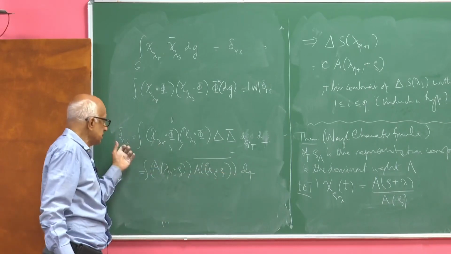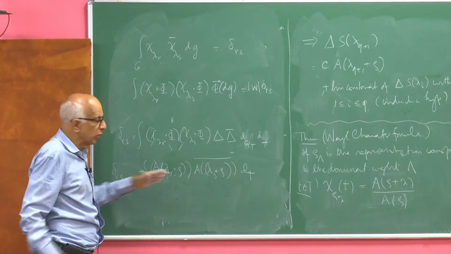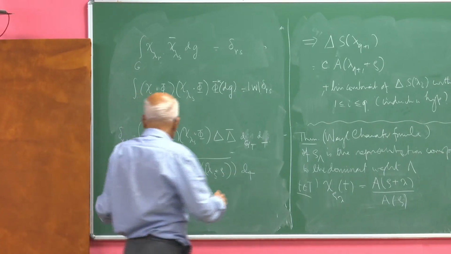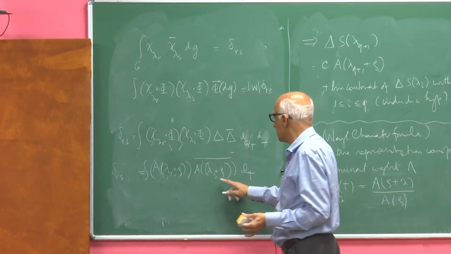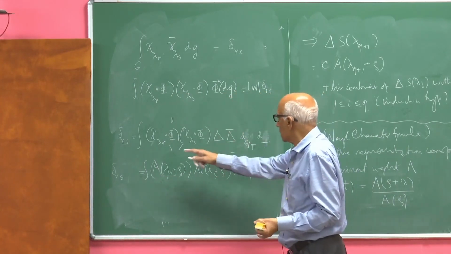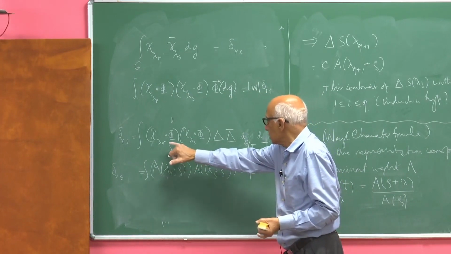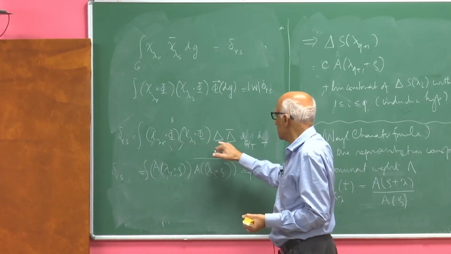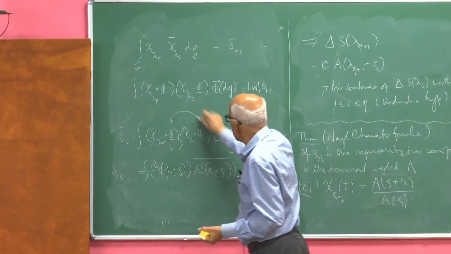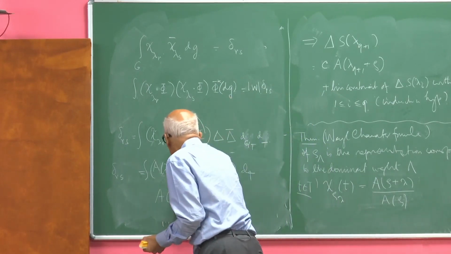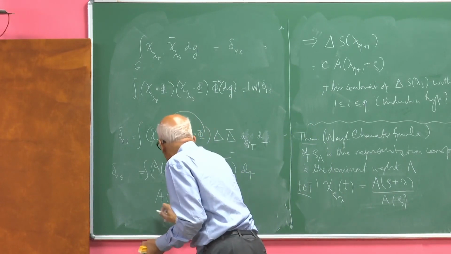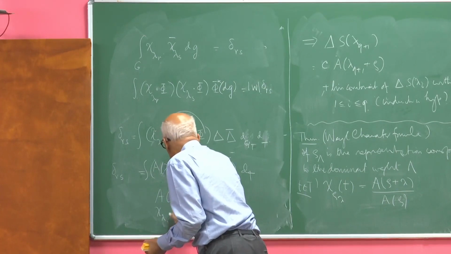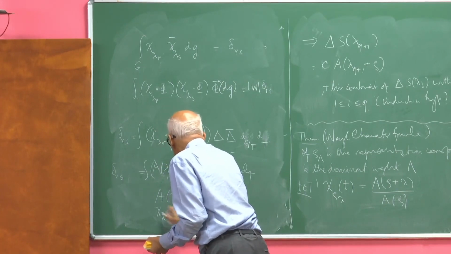It is true for the characters, it is true for this also, and both of them only involve the expression for A lambda r plus rho, A lambda s plus rho, and chi lambda r composed with phi times delta. If I look at this, A lambda r plus rho and chi lambda r composed with phi times delta. Look at these two.